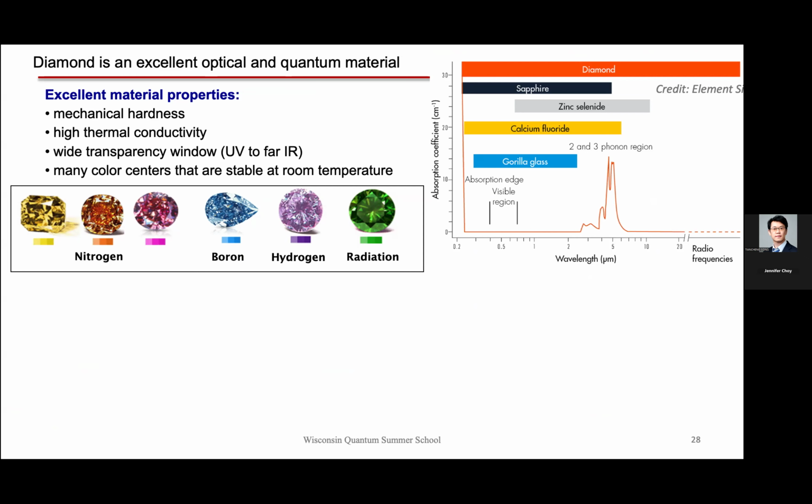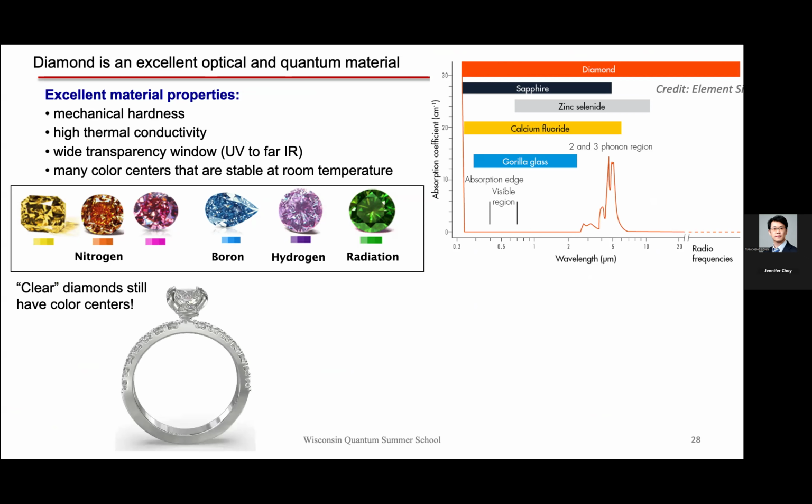They don't all lead to great quantum applications, but certainly they lead to great looking jewelry, which is, of course, at least my entry point to knowing that diamond can have defects, just by the fact that we have different colored jewelry, right?